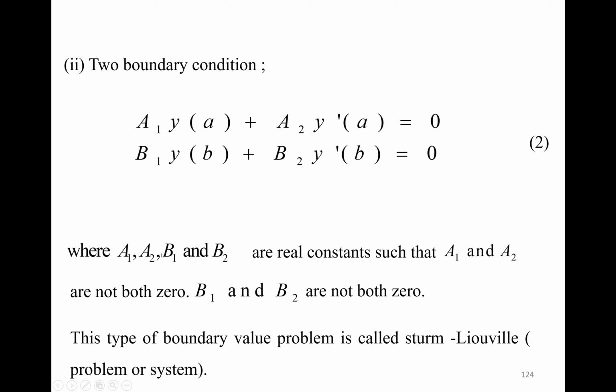And of course a1, a2, b1, b2 are real constants, and a1, a2 are not both 0. Similarly, b1, b2 are not both 0. a1 can be 0; if a1 is 0, a2 should not be equal to 0, and if b1 is 0, b2 should not be equal to 0, or vice versa. Both a1, a2 should not be equal to 0. This type of boundary value problem is called a Sturm-Liouville problem or system.